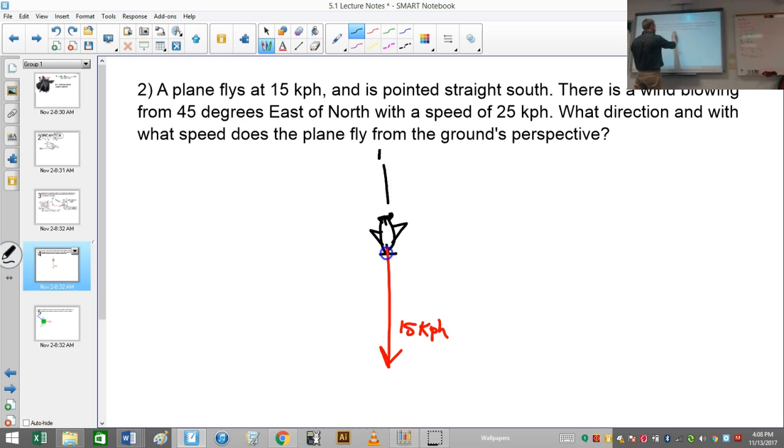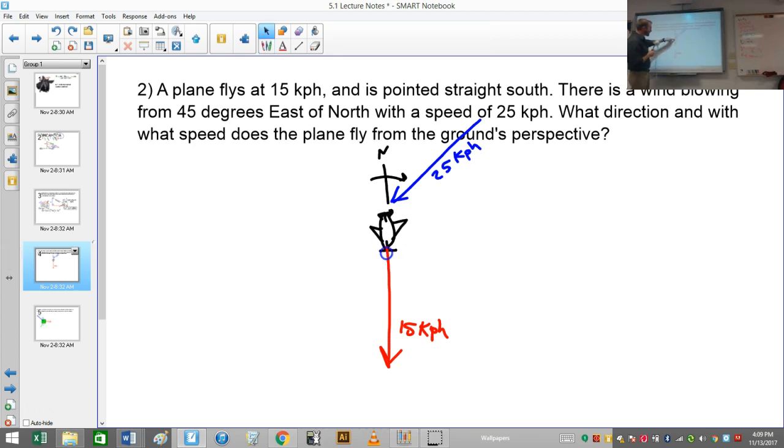So if this direction is north, I'm going to measure east of it, 45 degrees. So the wind is blowing like this with a speed of 25. What direction and what speed does the plane actually fly?